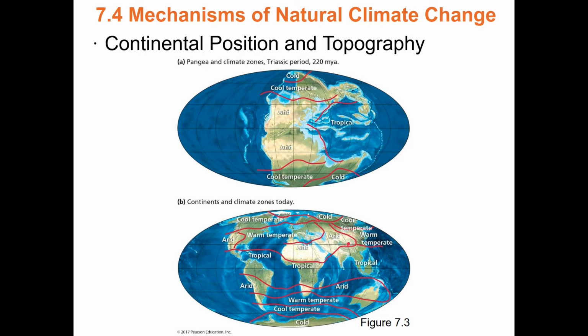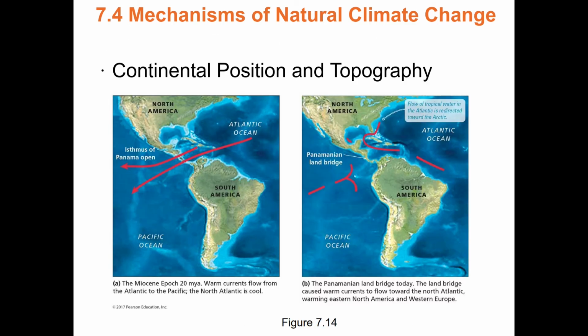So the uplift of the Himalayas cooled Earth because it absorbed carbon dioxide from the atmosphere, which I find totally rad. In this case, chemical weathering causing a change in temperature is the result of absorption of atmospheric carbon dioxide. That's fascinating. So we've got tectonics playing a small role. I think I've mentioned before, the uplift of the Sierras would have made Nevada into a rain shadow, into a desert. Same thing would have happened with the uplift of the Andes as a result of plate tectonics.